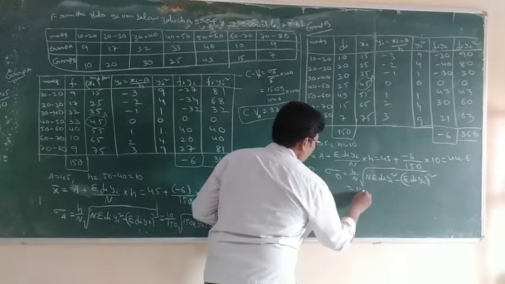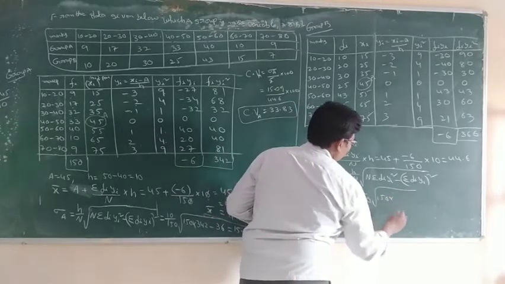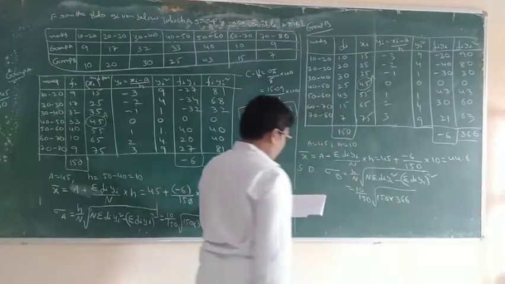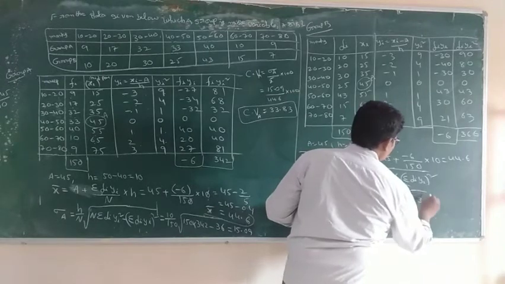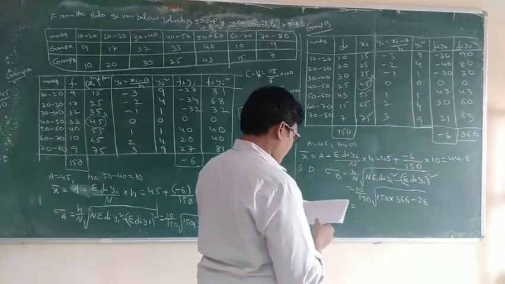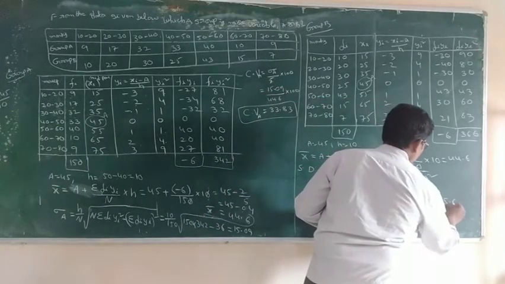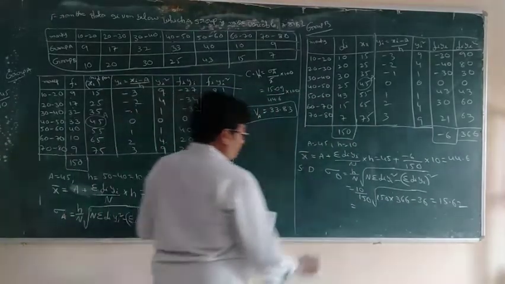That is 10 by 150 into root of 150 into 366 minus 6 whole square, which is 36. The total value is 15.62, calculated using a simple calculator.